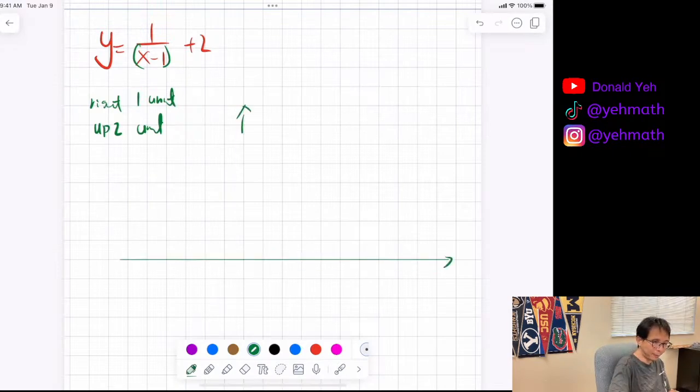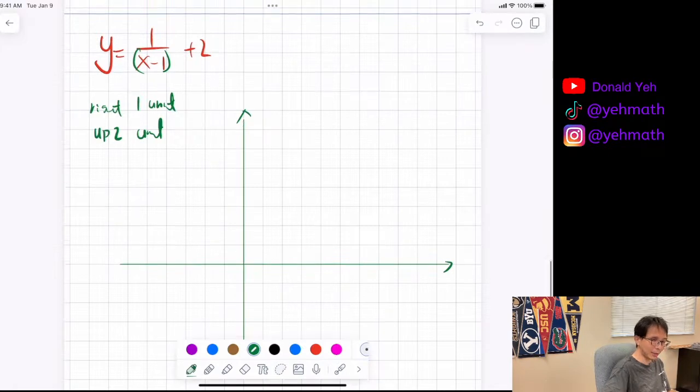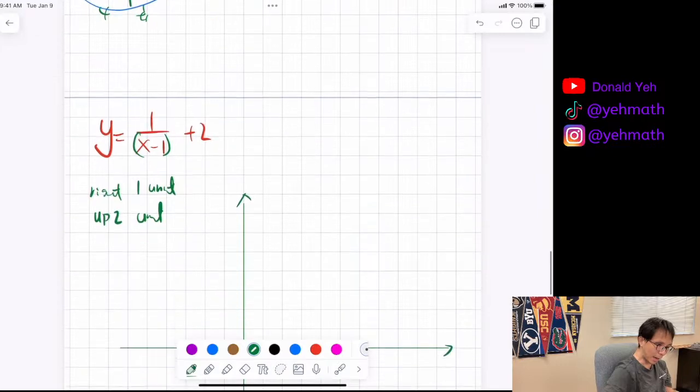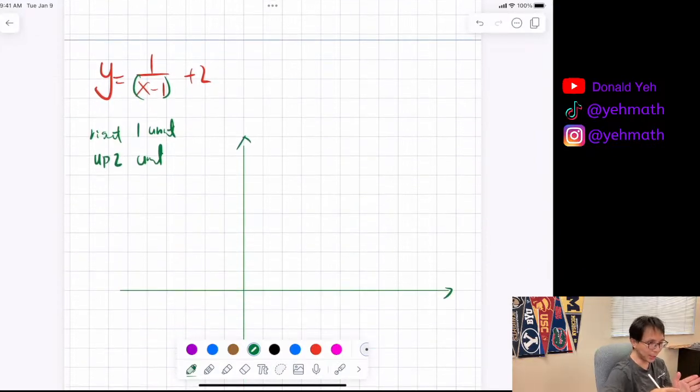is going to have the asymptotes as an anchor point. So remember, this point here is not a real point. It's a point formed by 2 asymptotes. But this is going to be an anchor. That part is going to move accordingly. Does that make sense? How does it move? Move right 1 unit, up 2 units. So it's going to be from right here, and it's going to create 2 asymptotes.